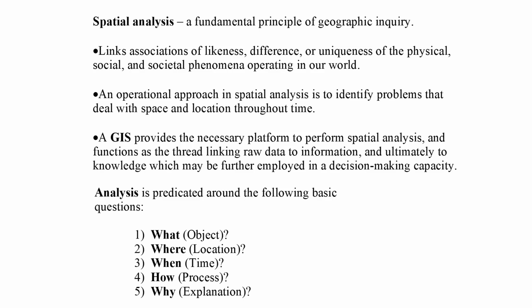An operational approach in spatial analysis is to identify problems that deal with space and location throughout time.